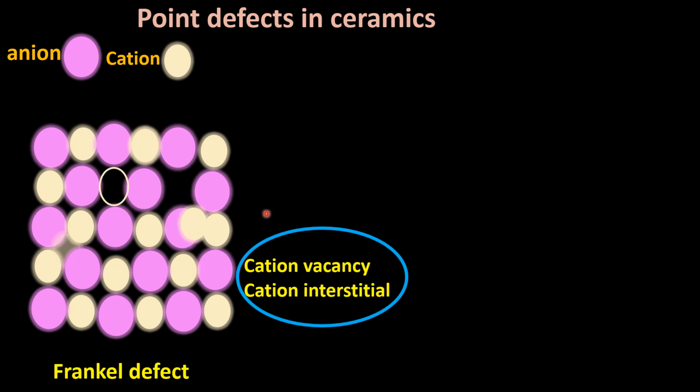The important thing to notice is that there should be electrical charge neutrality within the ceramic crystal. So when a cation leaves its position and moves into the interstitial site, at a time there are two types of defects: cation vacancy and cation interstitial. Here you can see this is the cation vacancy and this one is a cation occupying the interstitial site.